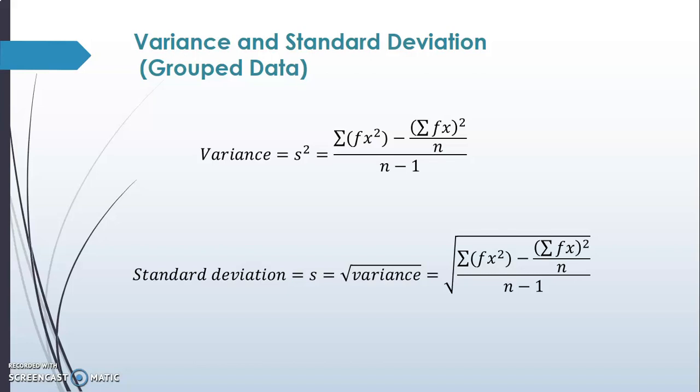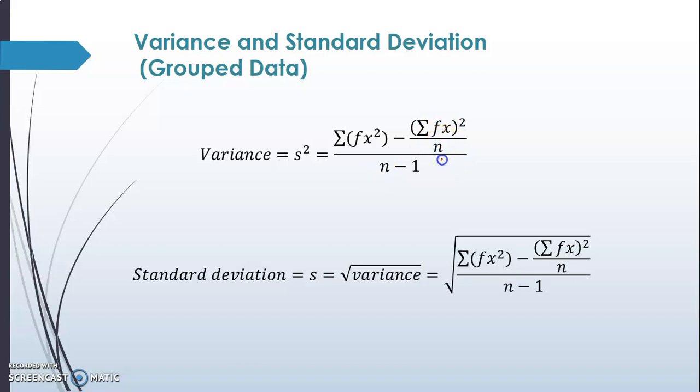So for group data, to find the variance, the formula is given by this formula here, S square equals total fx square minus total fx square over n, divided by n minus 1.